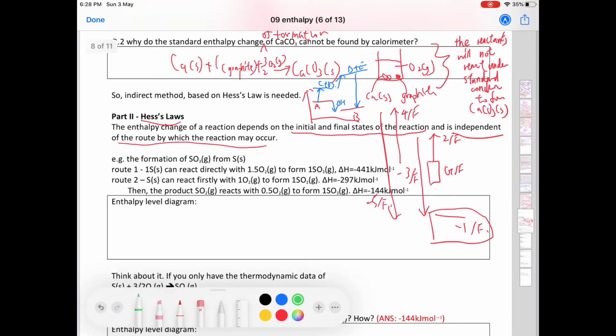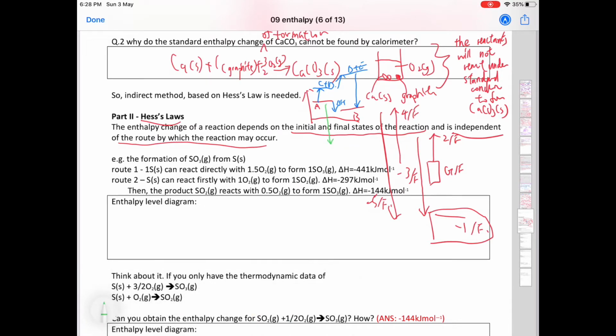It may go to other, more thermodynamically stable states, F and G, and then even more stable states, H and I, and then finally go back to stage B. The energy gap between the initial stage A and the final stage B is still this value. So the route in between doesn't matter. As long as the final and initial stages are the same, the enthalpy change will also be the same. This is the first idea of Hess's law.